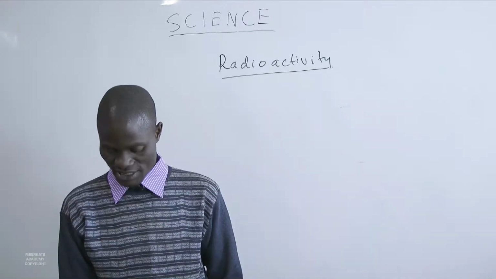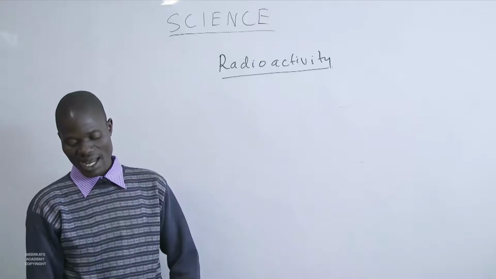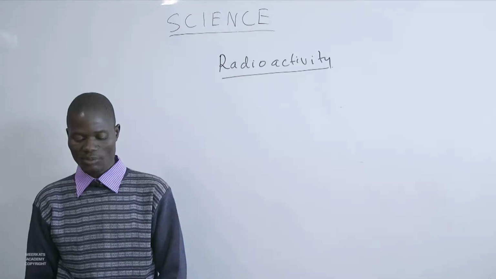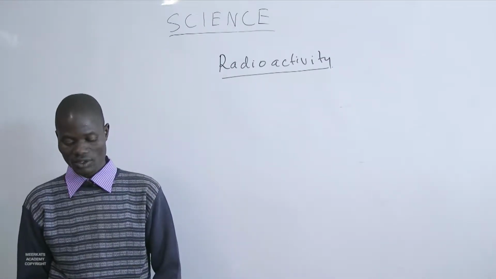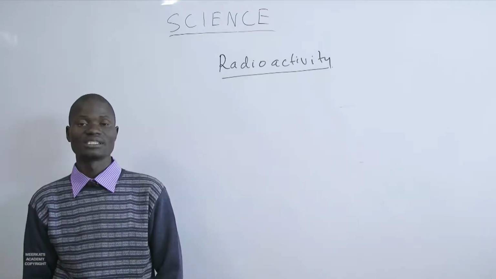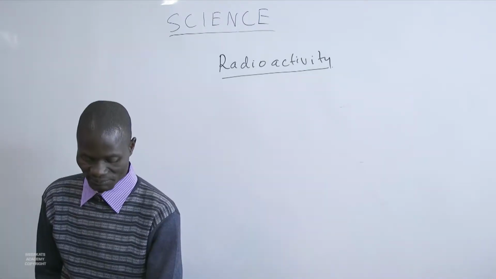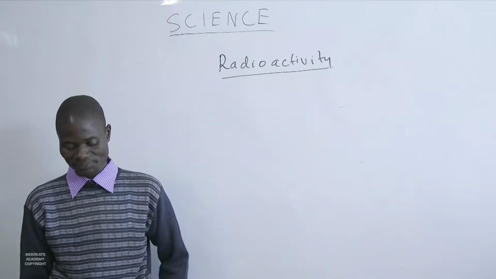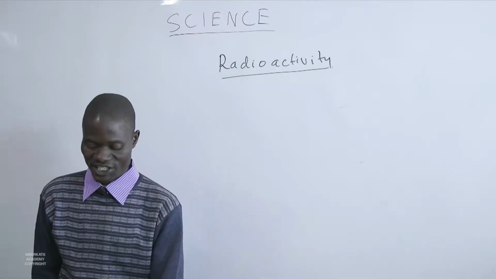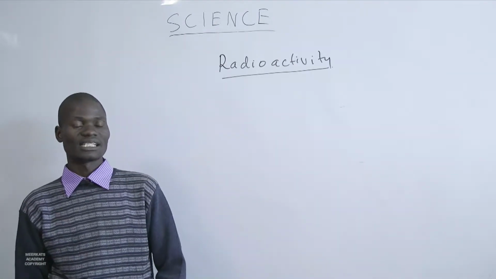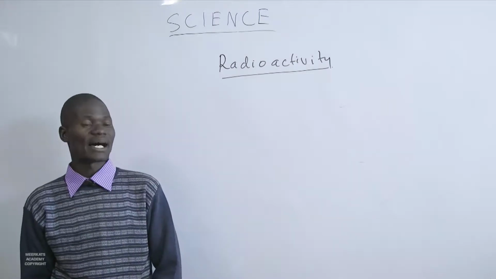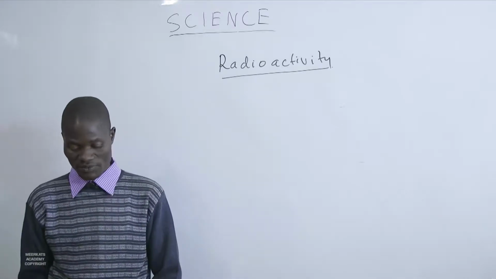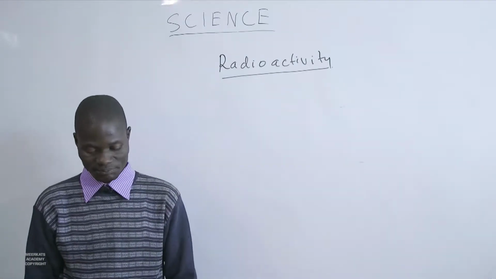Radioactivity is actually the process by which an unstable atomic nucleus loses energy in terms of mass, and it does this by emitting radiations.